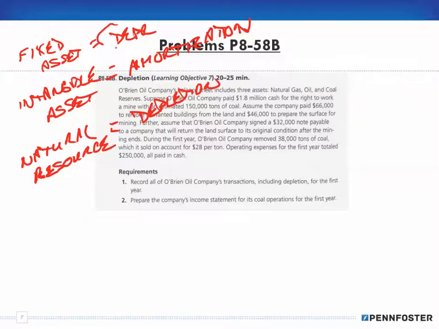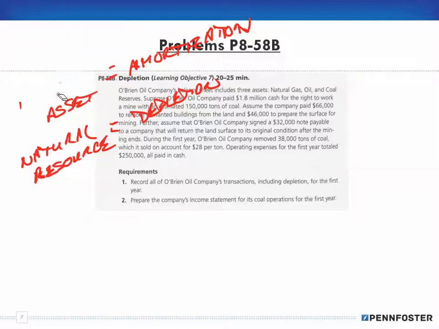These things, depreciation, amortization, and depletion, are basically the same thing. It's just a different word for the different category of assets, but they all work the same exact way. So I'm not going to go back over all of the theory on depreciation in order to be able to do the depletion calculations.